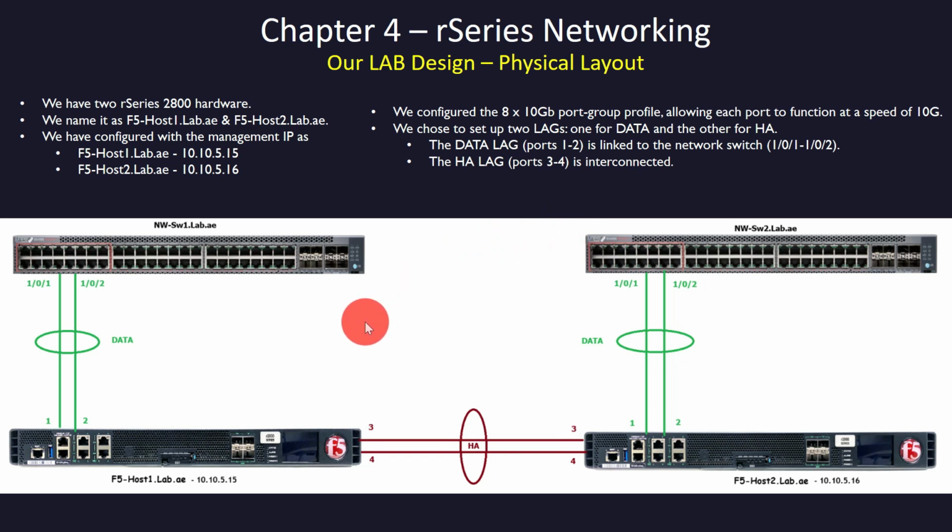We also chose to set up two LAGs, one for the data and the other for the HA. The data LAG ports are 1 and 2. The HA LAG ports are 3 and 4.